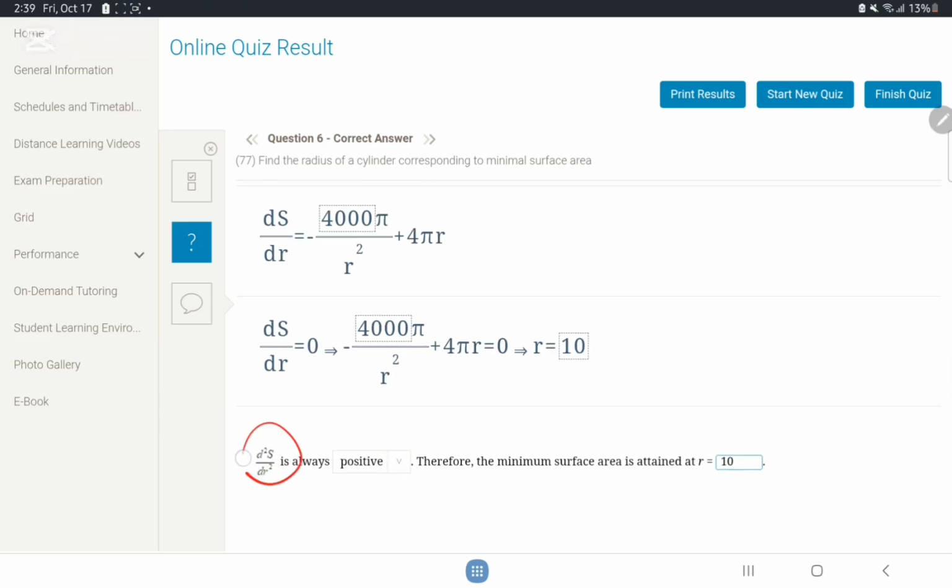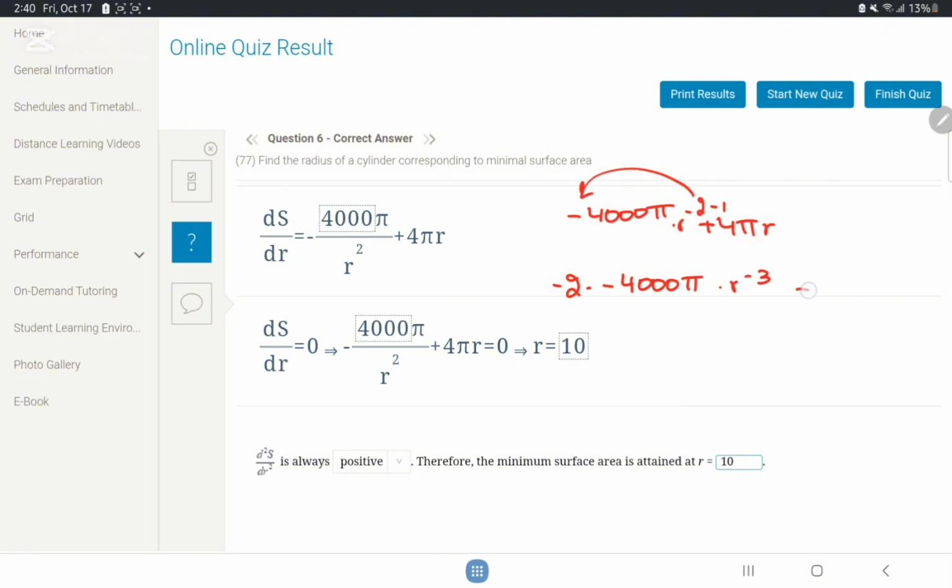Okay, we said that when they square it, it means a second derivative. So this is the first derivative, negative 4000 pi over r squared plus 4 pi r. Second derivative of this, you derive it again. So take r squared to the top, put negative 2 down, so negative 2 multiplied by negative 4000 pi multiplied by r to the power of negative 2 minus 1 will be negative 3 plus 4 pi r.